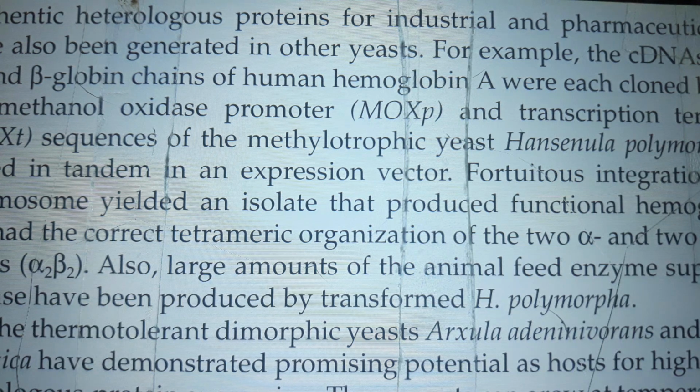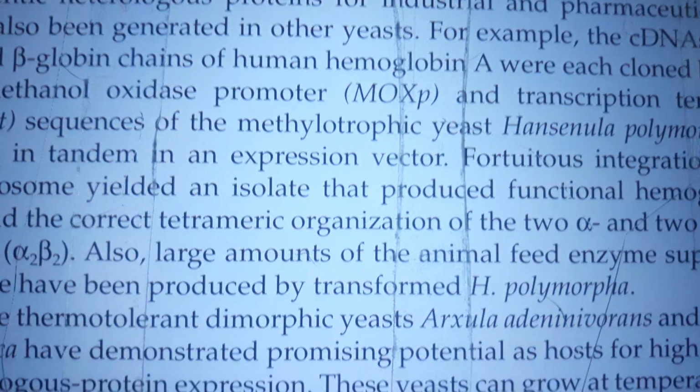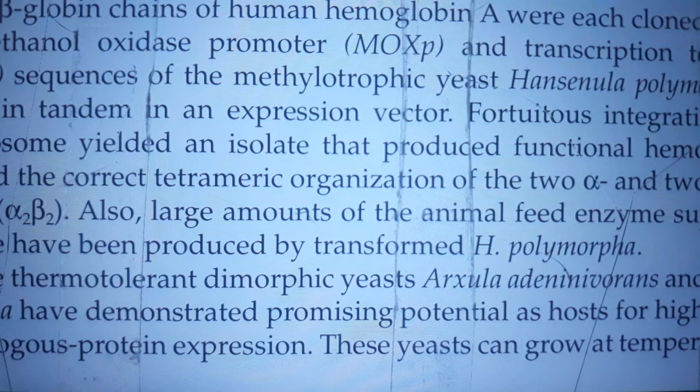For example, cDNAs for the alpha and beta-globin chains were each cloned between the methanol oxidase promoter MOXP and transcription terminator MOXT sequences of the methylotrophic yeast Hansenula polymorpha, and placed in tandem in an expression vector.